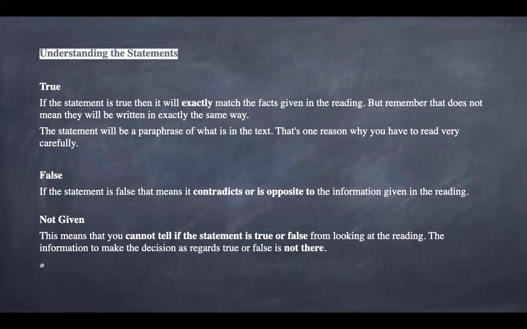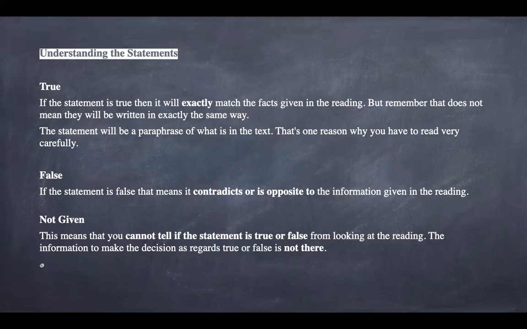However, if you feel that partly the statement says something else from what is given to you in the passage, then be aware, because your answer is going to be false. So false means it is the opposite or contradicts the information that is given. It does not match the information given in the reading, it says something else.